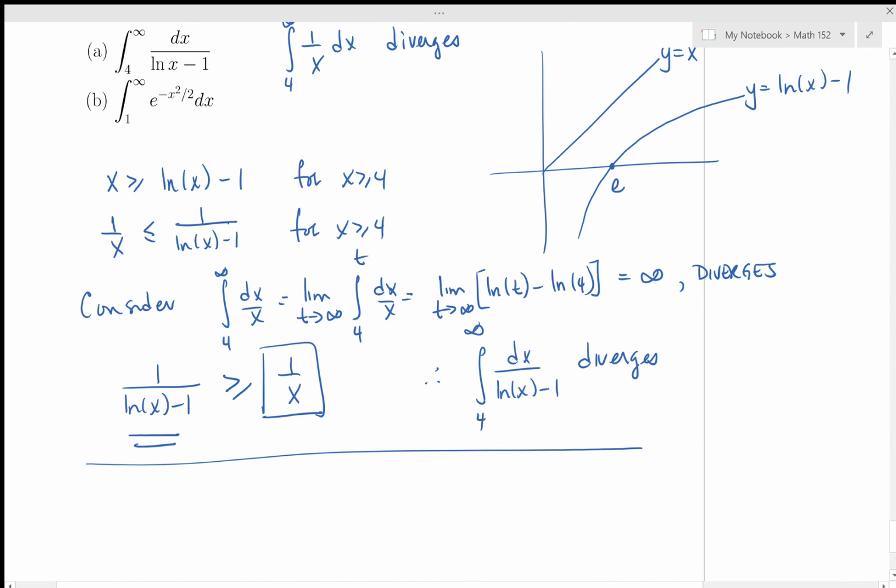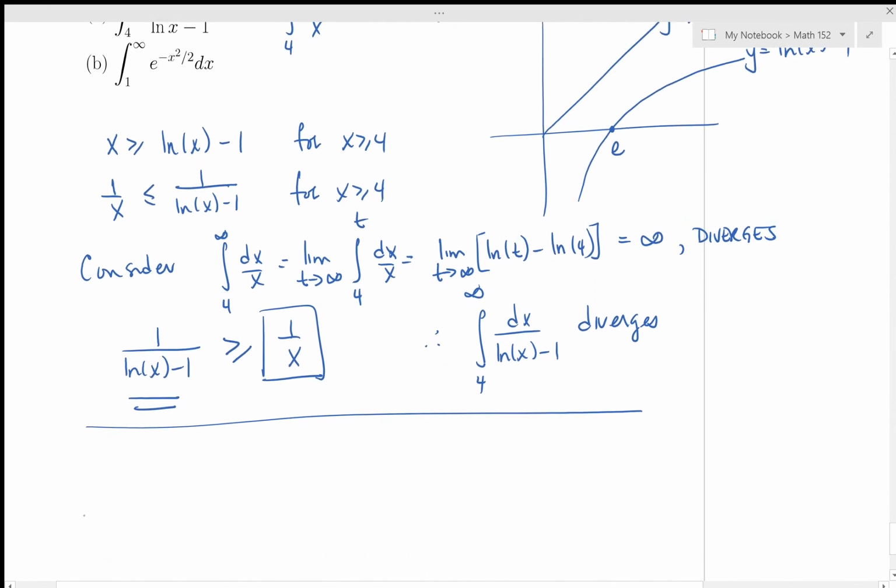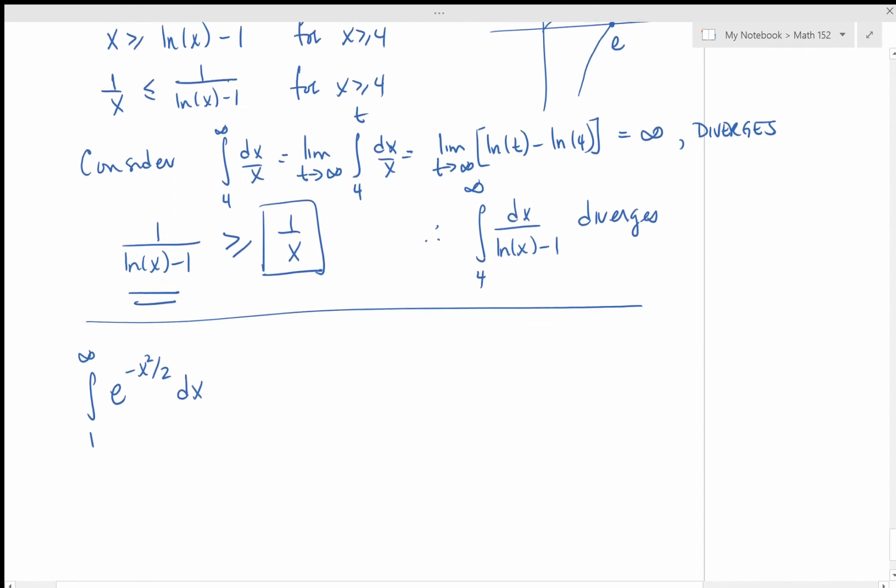This is going to be the integral from 1 to infinity of e to the minus x squared over 2 dx. I'm going to employ my usual thing, commit. Do I expect it to converge or diverge? I think that e to the minus x squared decreases extremely quickly. So I'm expecting convergence.